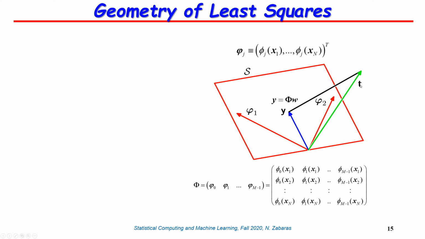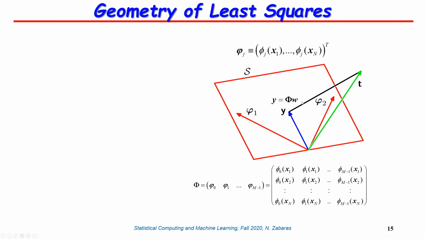Now, the error that you're committing is nothing else but t minus phi w, indicated here with the black vector. You want this error to be minimal, and if this is a projection, it implies that this black vector is orthogonal to each of the vectors that define the subspace S that you see here.